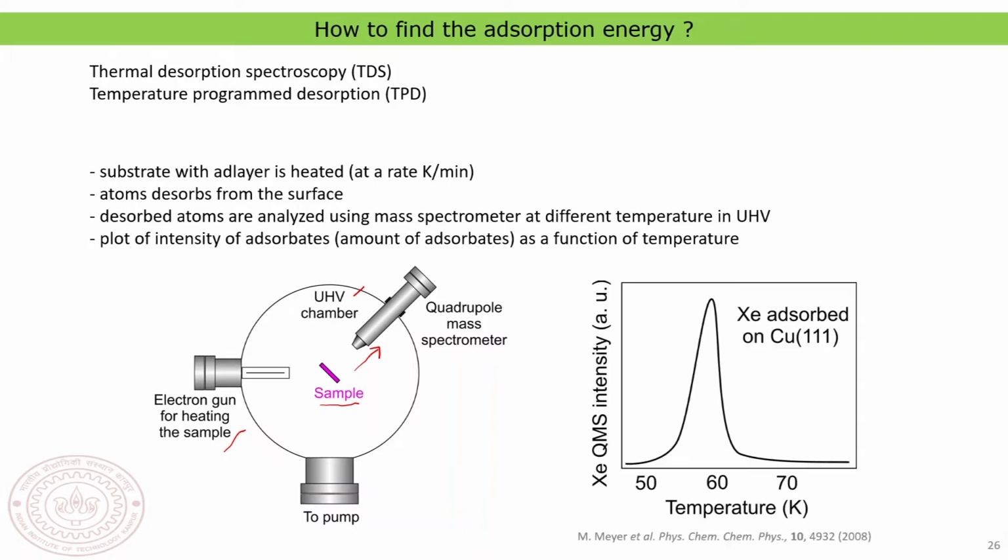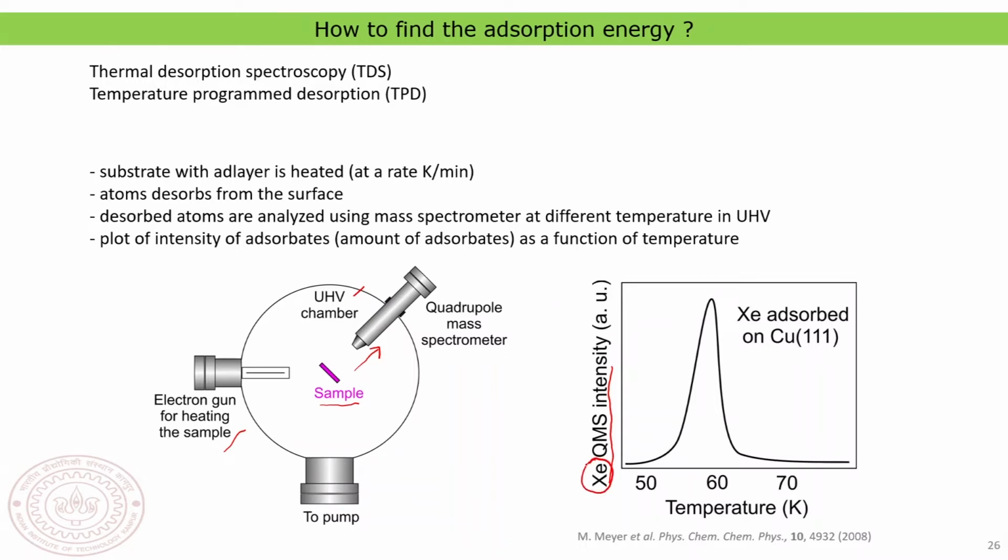Now, let me first show you what a typical thermal desorption spectrum looks like. On the y-axis you have the intensity that you get directly from the quadrupole mass spectrometer. Here it is the intensity of the xenon atom coming out of the sample.